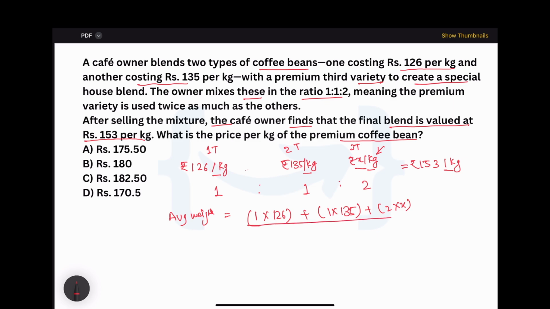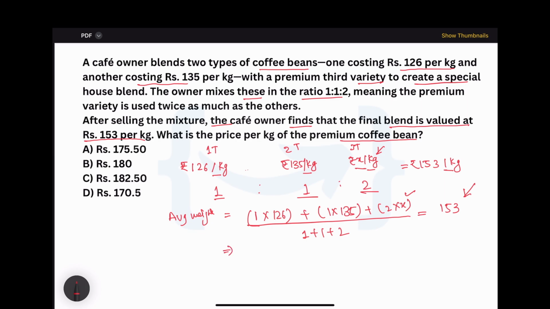And the total composition, the total weight added into my premium blend, would be 1 plus 1 plus 2, and we have 153 as the result. Are you able to see it's the formula of average? Yes. I got all the values, and if I am able to find everything here, I will end up having the answer, isn't it?